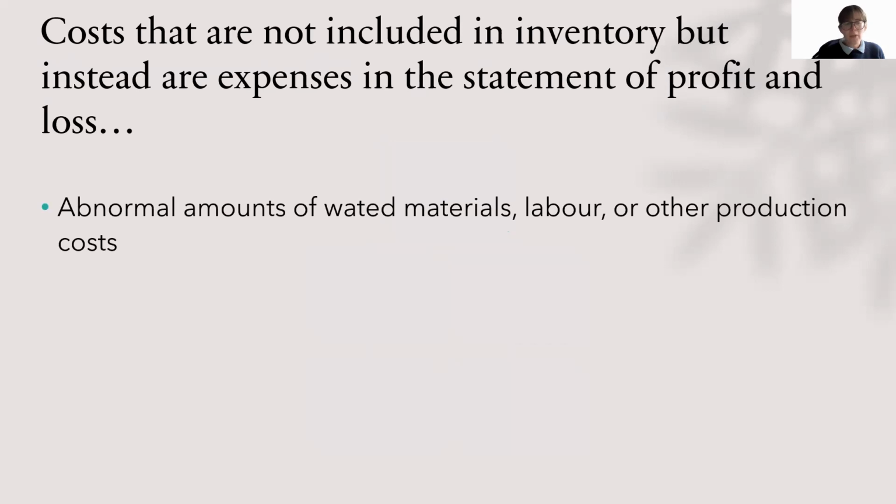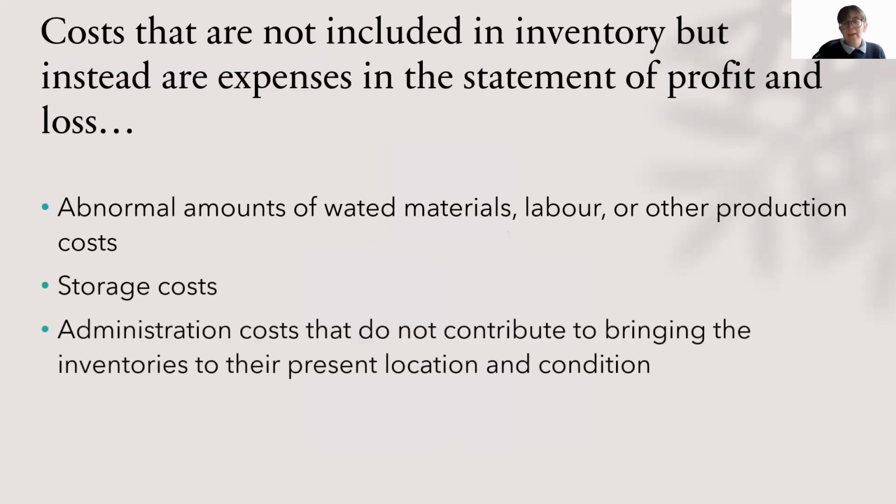So any abnormal amounts of wasted materials, labour or other production costs, any storage costs, any admin costs that do not contribute to bringing the inventories to their present location and condition, and also any selling and distribution costs. These would all be an expense to the business and thus would be recorded in the statement of profit or loss.